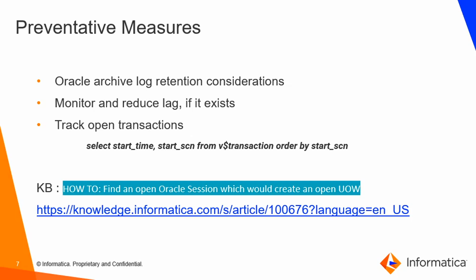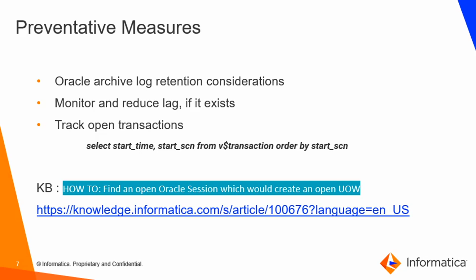If not, then you may want to consider putting the retention period at 4 to 5 days. And think of how long Oracle transactions are typically open on a source. Based on these parameters, you can decide and set the archive log retention.